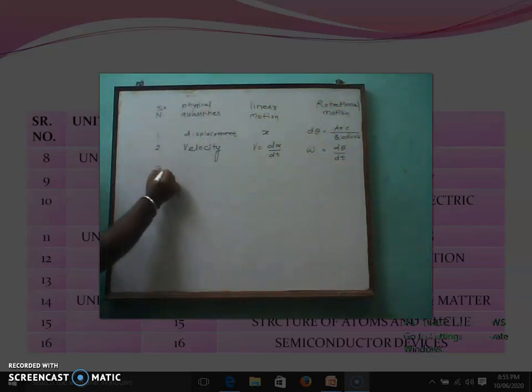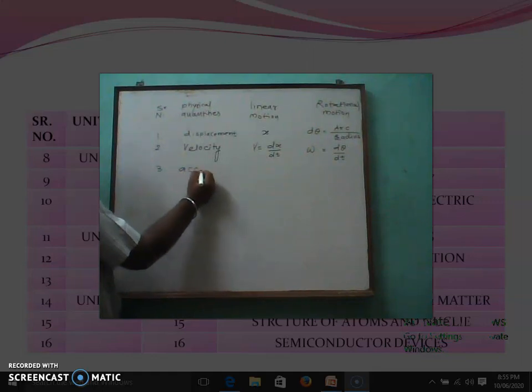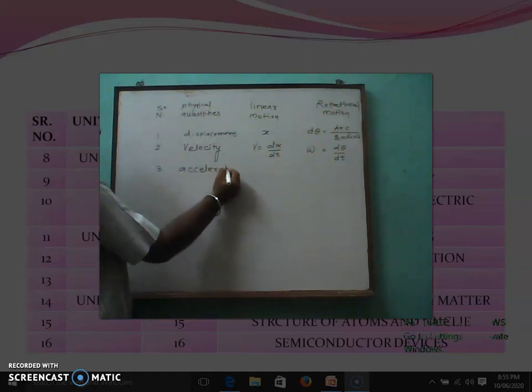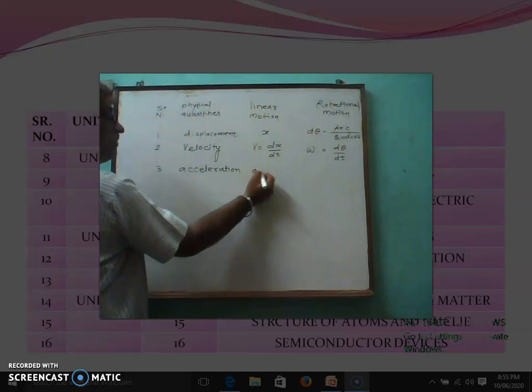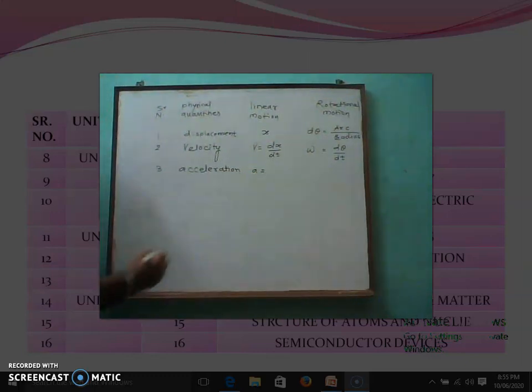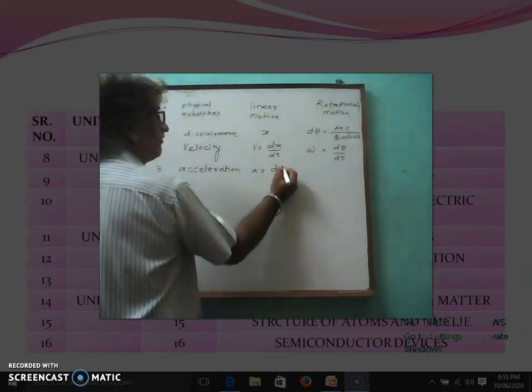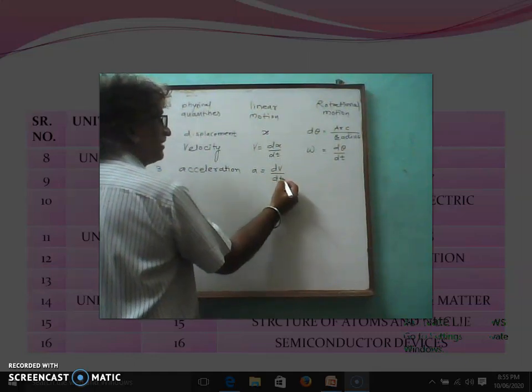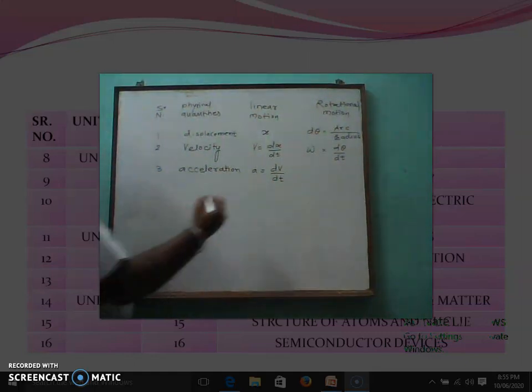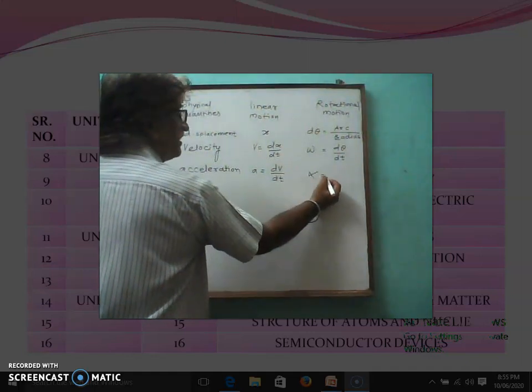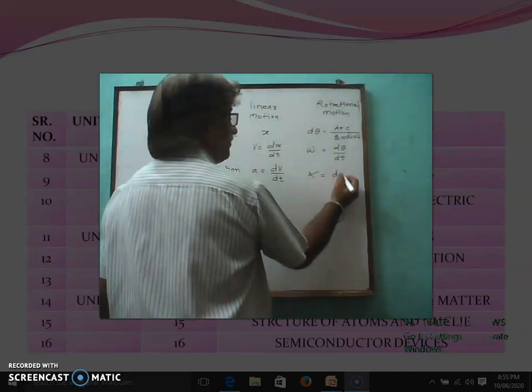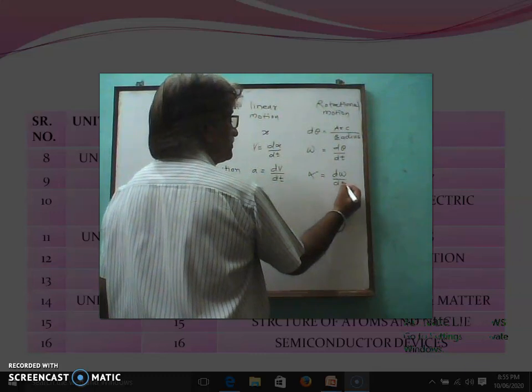The third physical quantity is acceleration. In linear motion, acceleration is the rate of change of linear velocity with respect to time. Whereas in rotational motion, acceleration is the rate of change of angular velocity with respect to time.